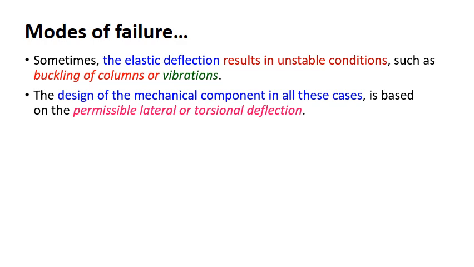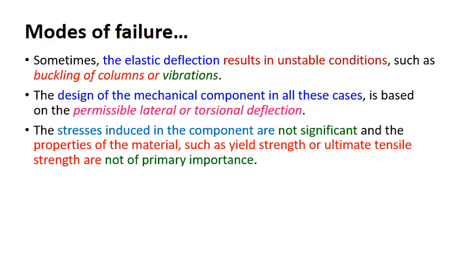Usually for design of components restricted by elastic deflections, we look into the stiffness. It should have enough stiffness, because you know the meaning of stiffness: resistance to elastic deformation. Higher the stiffness, lesser the elastic deformation. But we may not look into the types of stresses induced or any other mechanical properties, right?